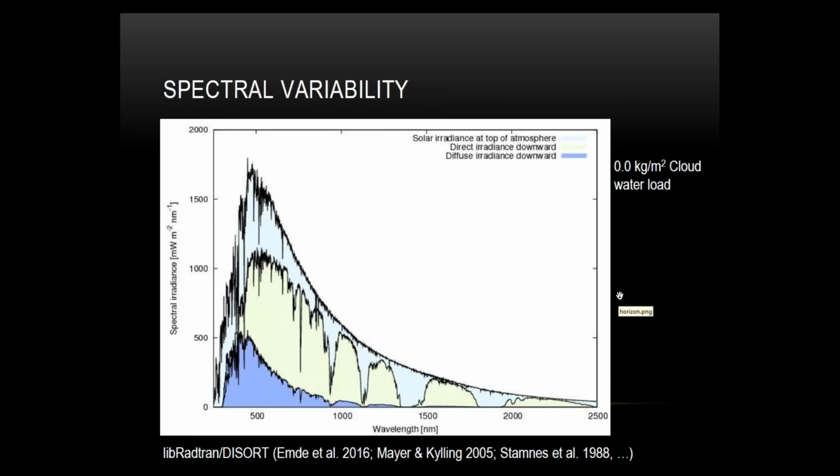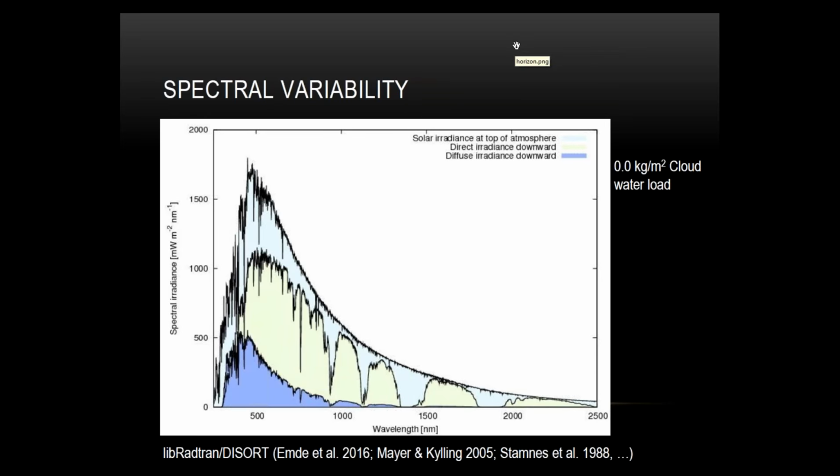Spectral variability is of course essential to know for photovoltaic systems, so that's not included in many datasets available, if any, but it can be simulated with a fairly low amount of input arguments. You have models that can do this. You have, for instance, the libRadtran DISORT model. There's also the libRadtran MYSTIC model that can do 3D simulations.